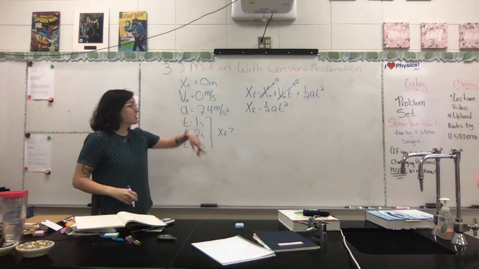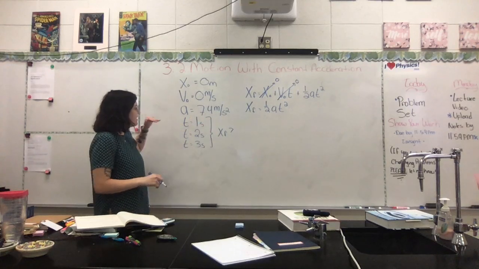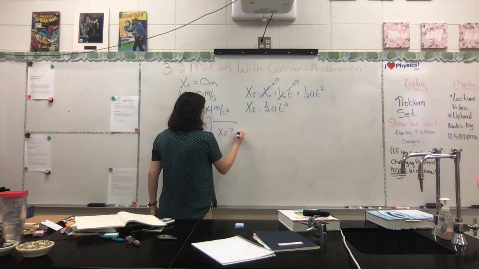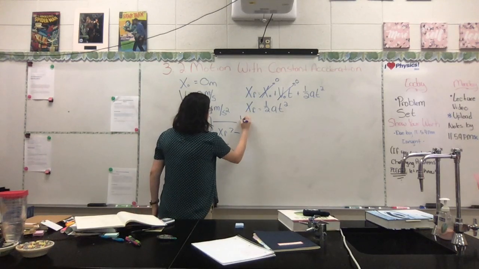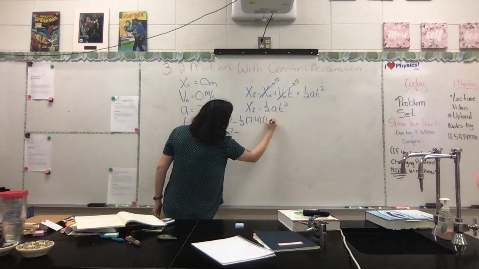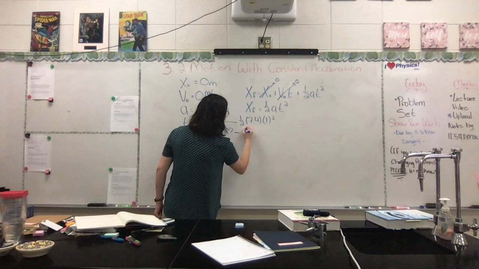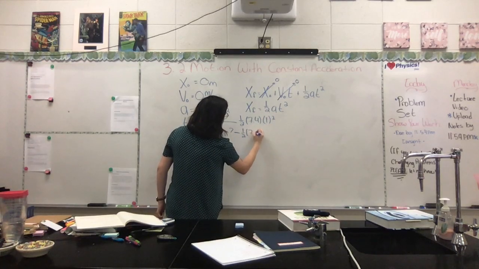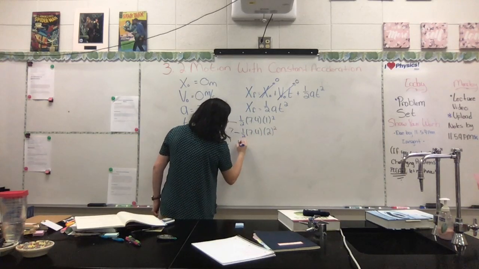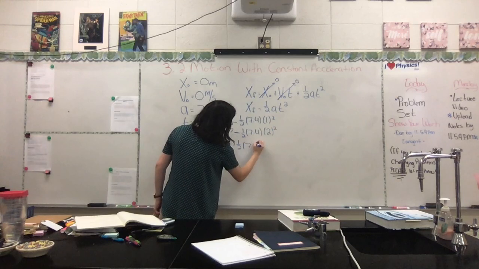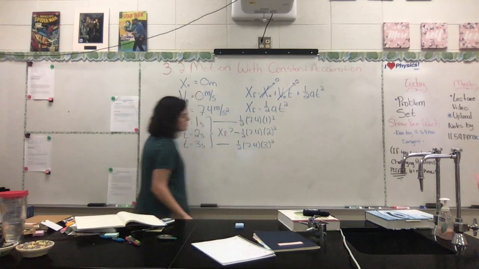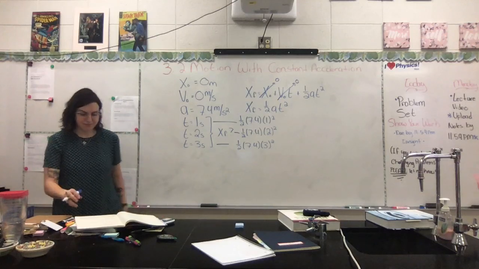So now we just need to plug in our numbers for 1, 2, and 3 seconds. So what we're going to get is 1/2 times 7.4 times 1 squared, 1/2 times 7.4 times 2 squared, and 1/2 times 7.4 times 3 squared, okay?